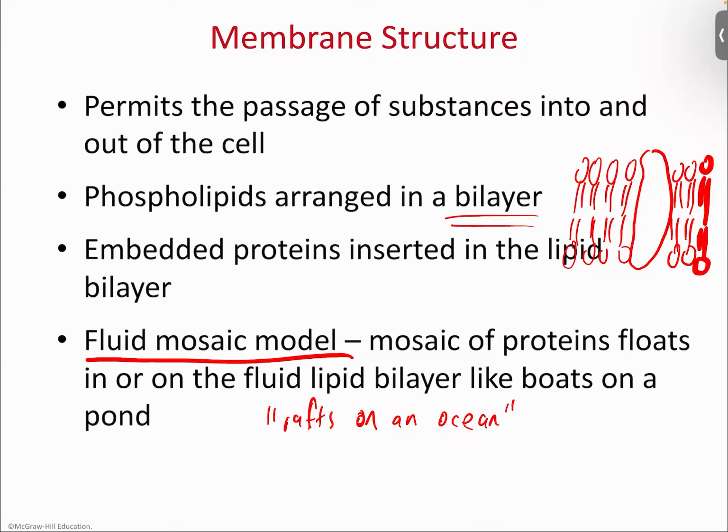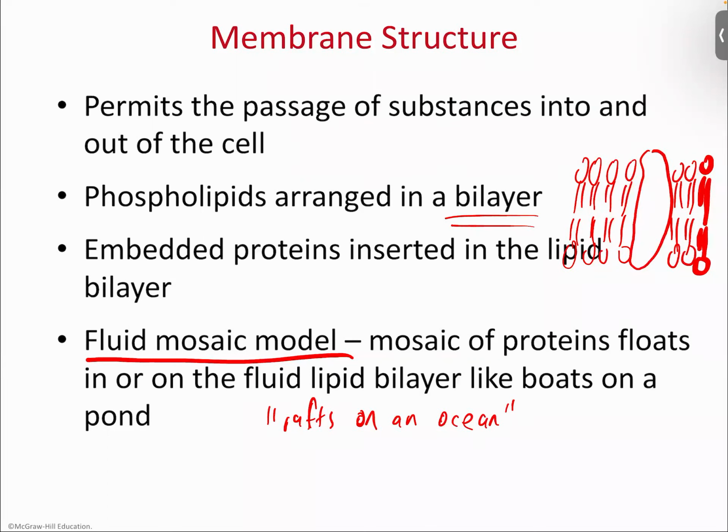The fluid mosaic model described the structure of the membrane, where you had these raft-like proteins floating around the lipid bilayer, just like a raft on an ocean. And this is the reason why we use the rafts on an ocean idea.